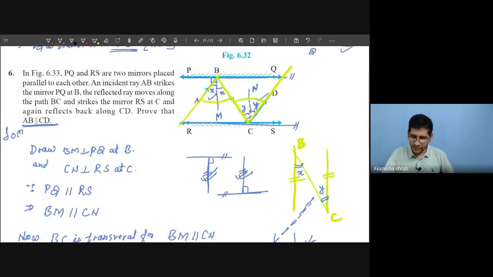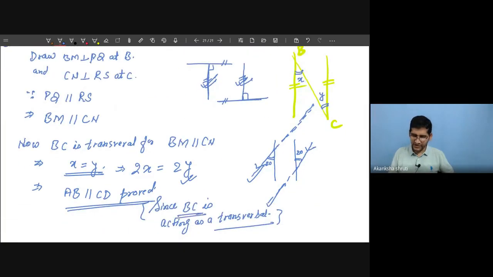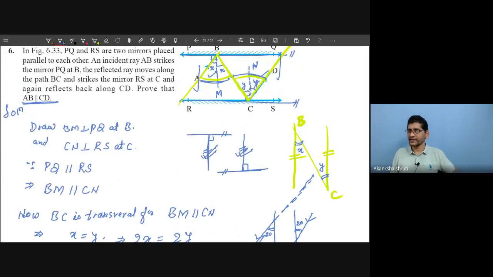So this was to be proved with this one, meaning we have made this angle equal to this angle. These two yellow lines are acting as the parallel ones, meaning this one is parallel to this one, therefore it is proved. These two angles are equal, meaning BC is acting as a transversal. Because of this transversal and equal angles, the two sides are parallel.